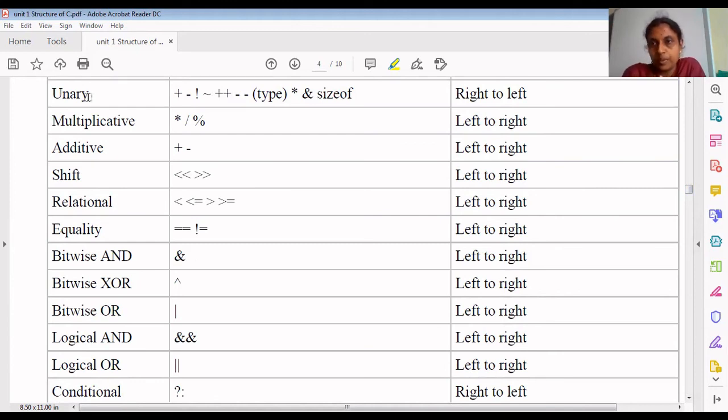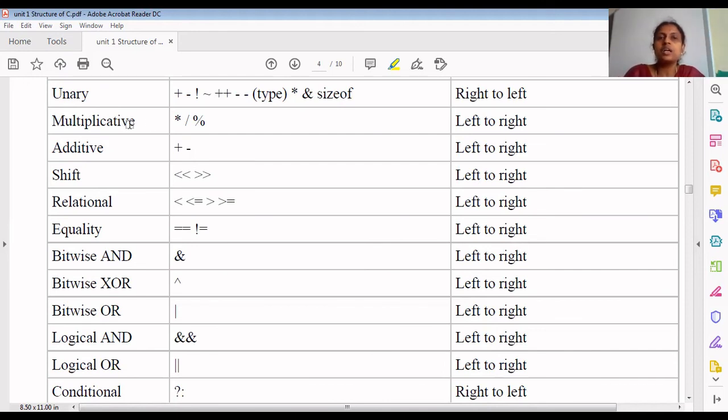The symbol I use to calculate, I call it operator. When I use only one operand and perform something, I call it a unary operator. Don't get confused, you will come across all these things. So in this, sizeof, asterisk, plus plus, minus minus and all come under the first preference. Wherever in any program these symbols are used, first importance is given to them.